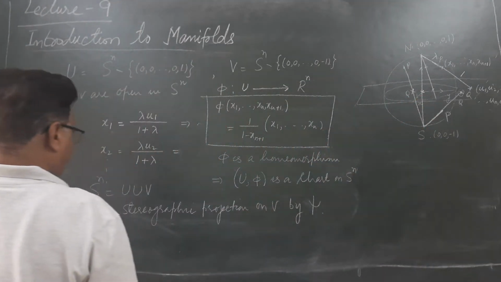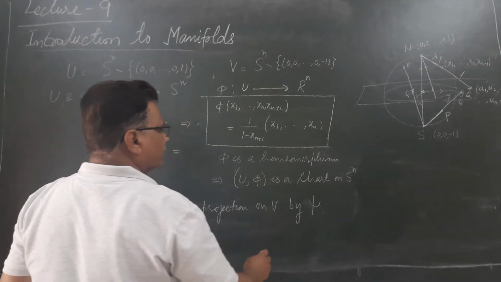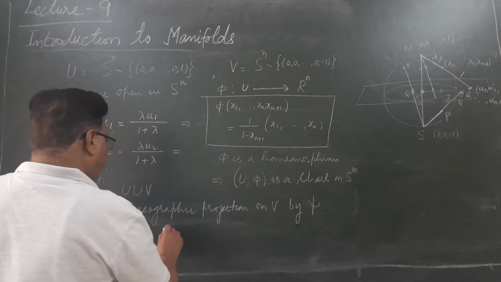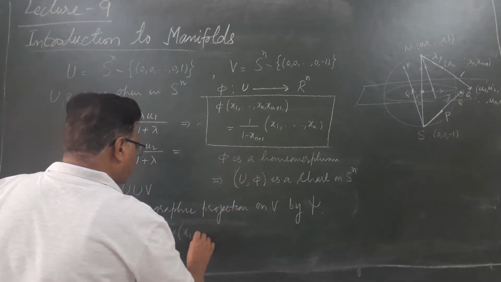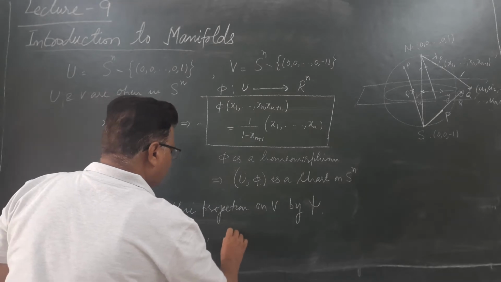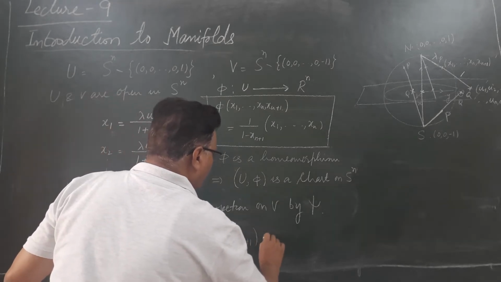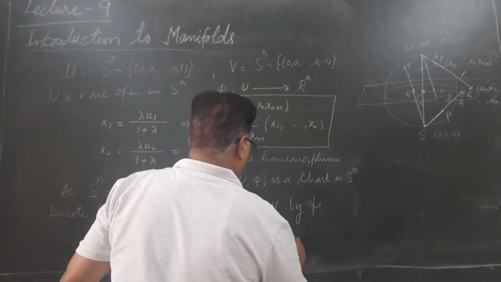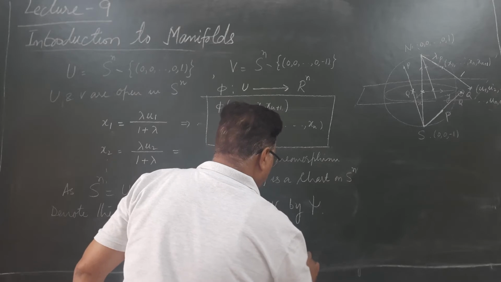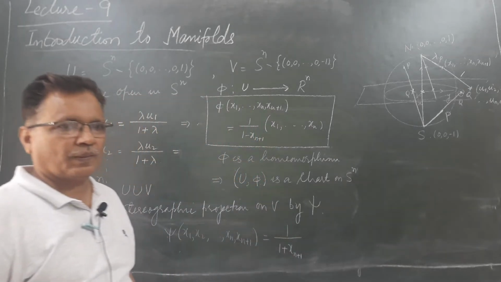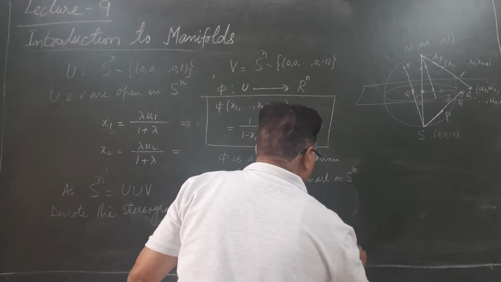So psi, one can check, the projection on V, psi of (x1, x2, x3, ..., xn plus 1) will come out to be equal to 1 upon 1 plus xn plus 1 into (x1, x2, x3, ..., xn).